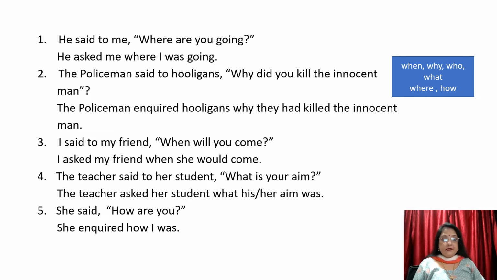Dear students, questions can be formed in two ways. The first one is WH questions, meaning questions beginning with W. For example, see here in the box: when, why, who, what, where, and how. How also, okay?